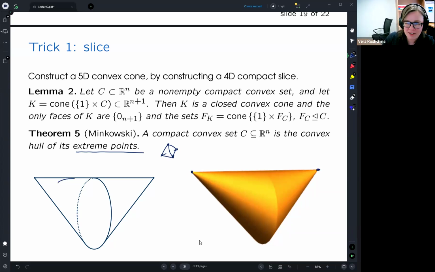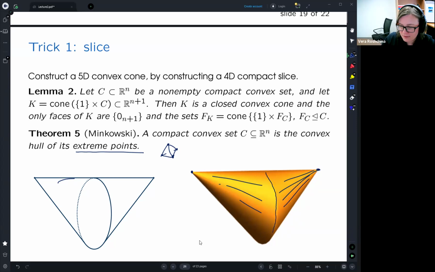Here I have a circle and an orthogonal line segment. I take the convex hull. So I have like two convex cones connecting with each other, somehow generating one very long one-dimensional face and other one-dimensional faces that look like this. In this case, these tips are extreme points.